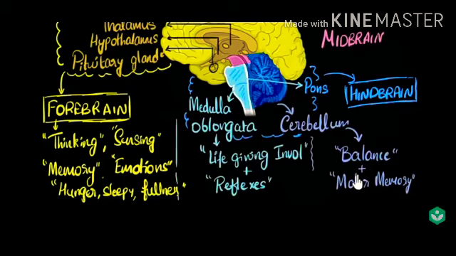Another example could be, when you're typing on a keyboard, if you have enough practice, you don't have to look down anymore. You don't have to worry about which keys are where. It just automatically happens. Motor memory. So all those things are controlled by the cerebellum. And you know how I can remember this? I remember this by remembering that, when people drink alcohol, it's their cerebellum that gets affected. If your cerebellum gets affected, your balance gets affected.